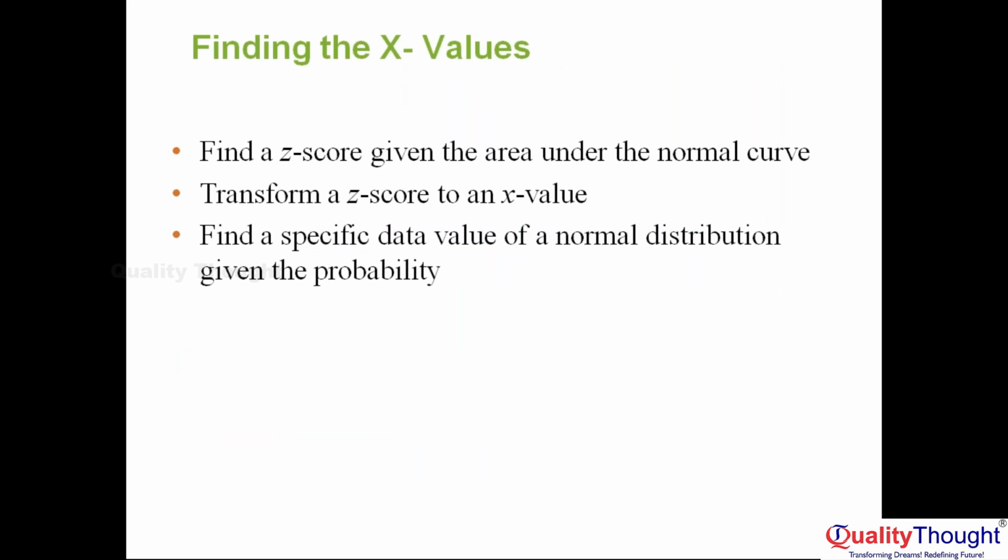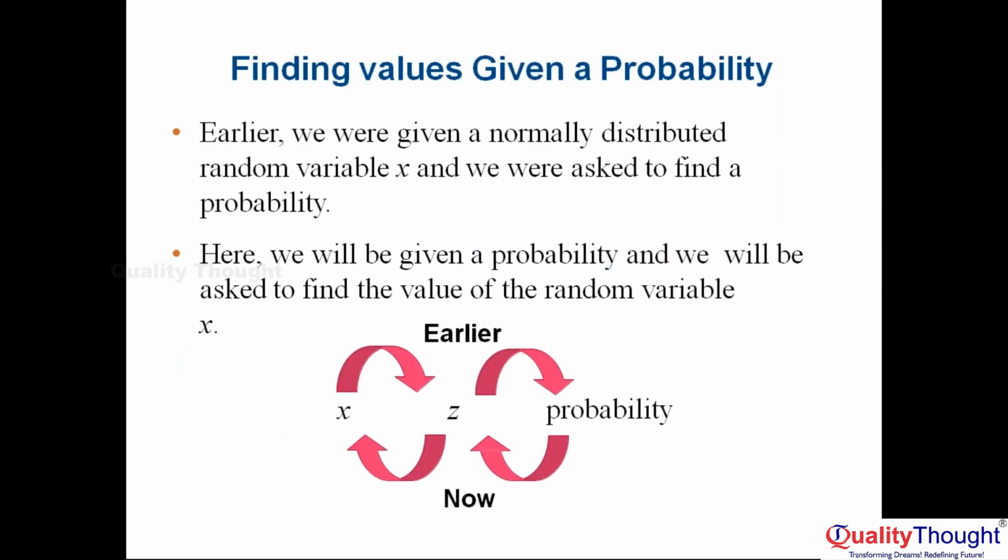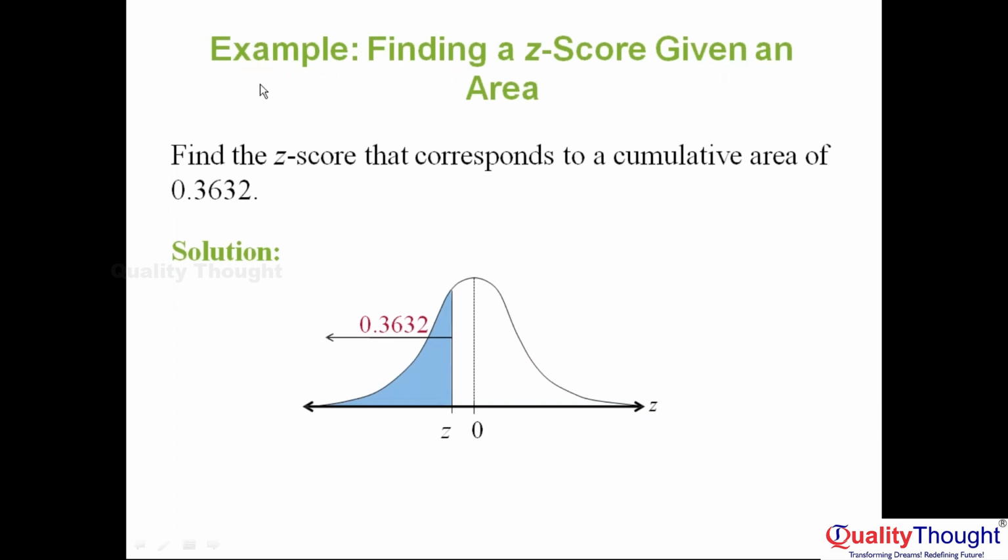So now let us try doing it in reverse order, finding the x values. Earlier we identified the Z scores from the x values. Now using the Z scores, let us identify the x values in return. Can you please find the Z score that corresponds to a cumulative area of 0.3632? Immediately, fast, give me this answer.